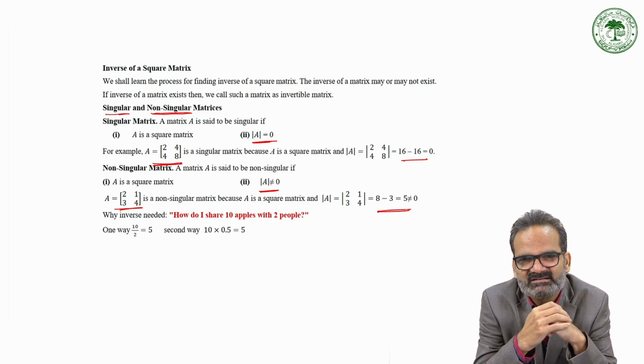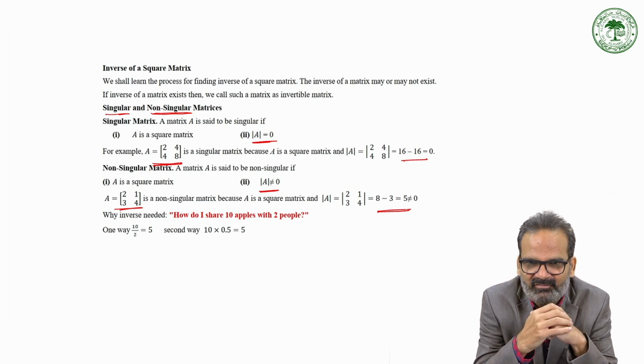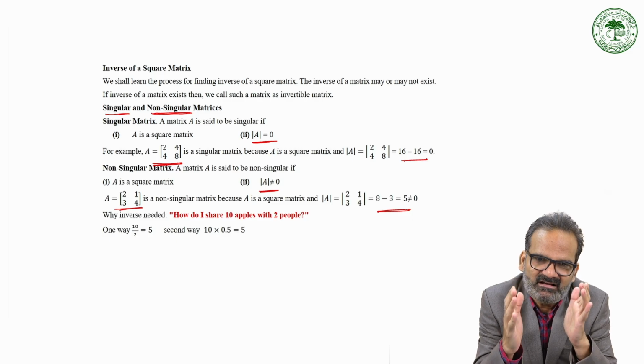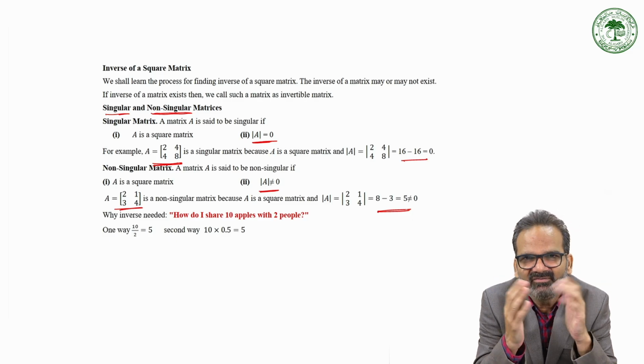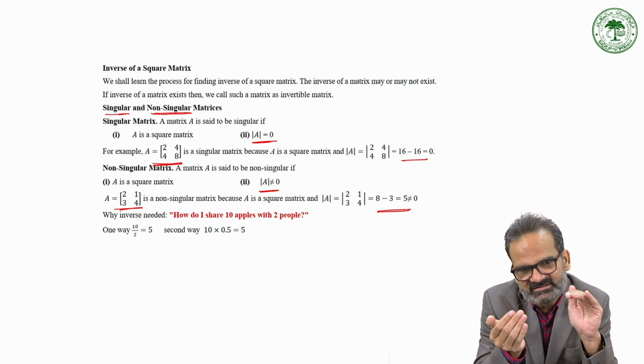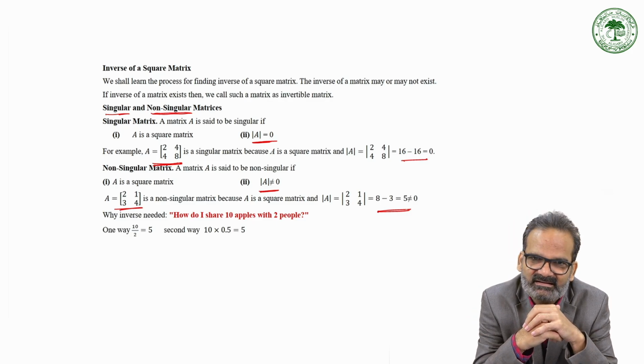Before proceeding to the formal definition of the inverse of a matrix, you must think about why inverse is required. In the very beginning of the matrices sessions, I told you matrices almost behave like numbers, but there are a few fundamental operations or properties which are possessed by numbers but not by matrices.